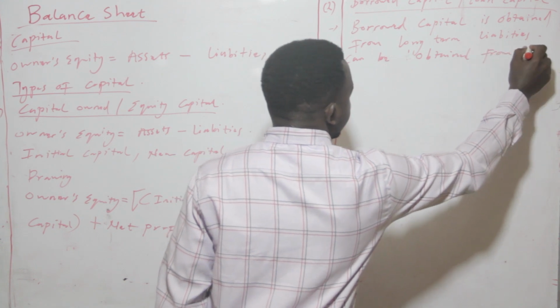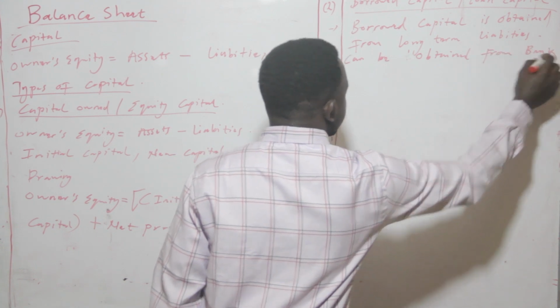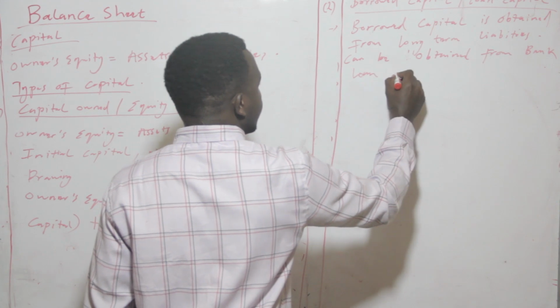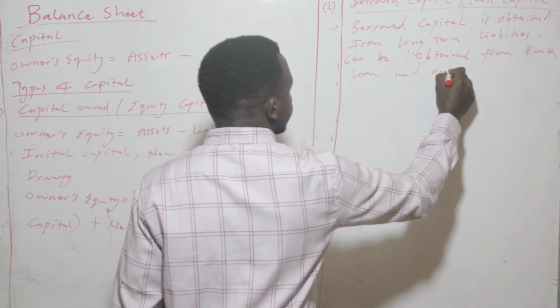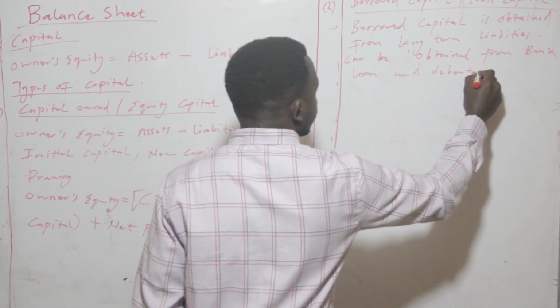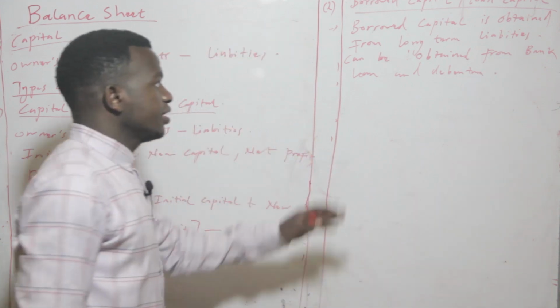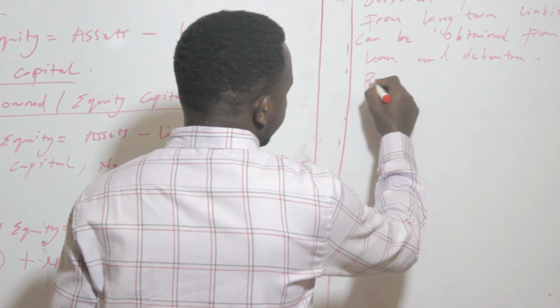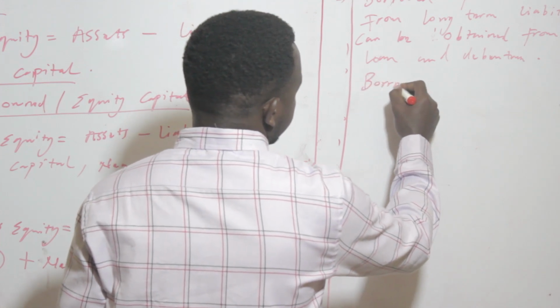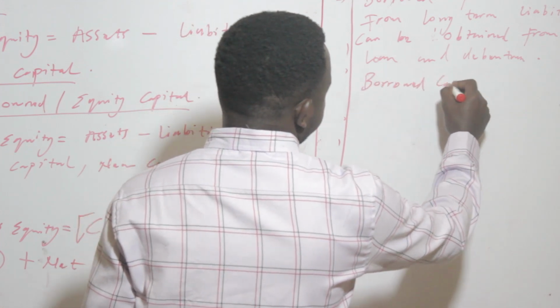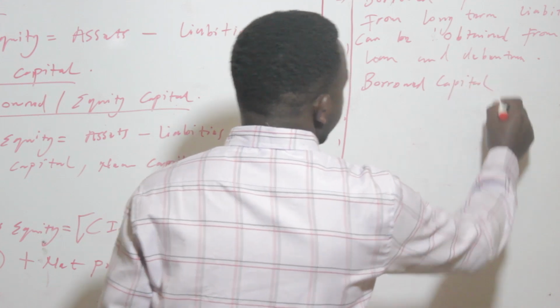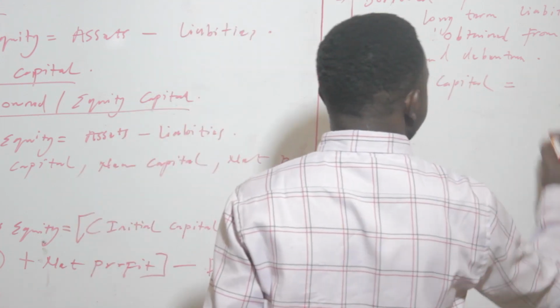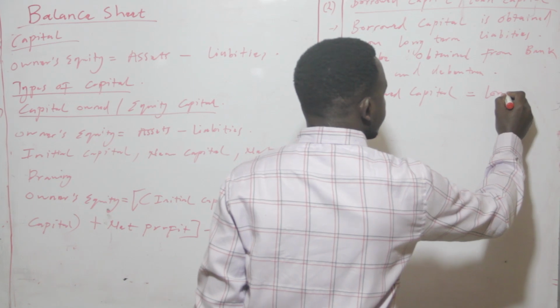And giving the formula for borrowed capital, we can say the borrowed capital is equal to long-term liabilities.